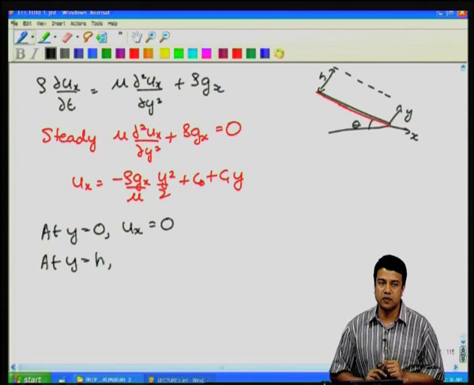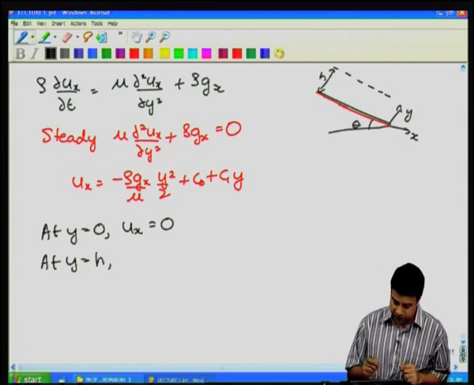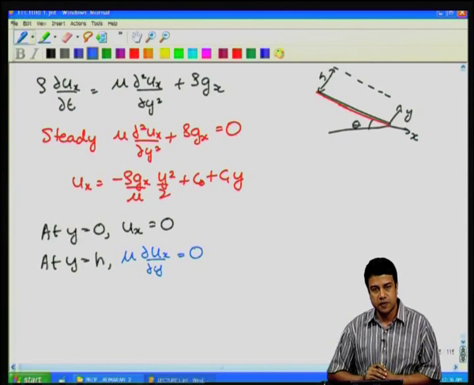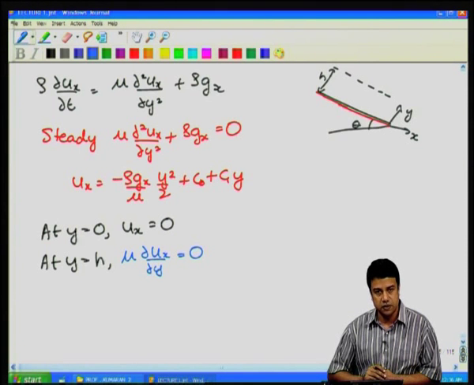Therefore, the appropriate boundary condition to apply is that the shear stress is equal to 0. The appropriate boundary condition is that the shear stress at that surface, partial u x by partial y, is equal to 0, which means that partial u x with respect to y is equal to 0.